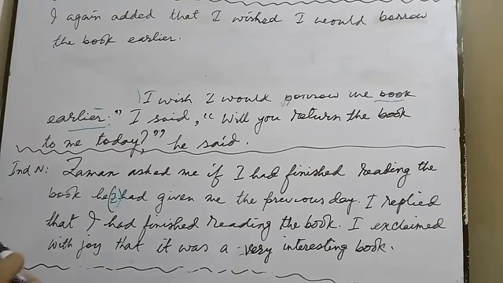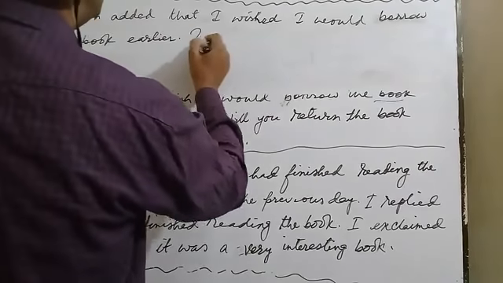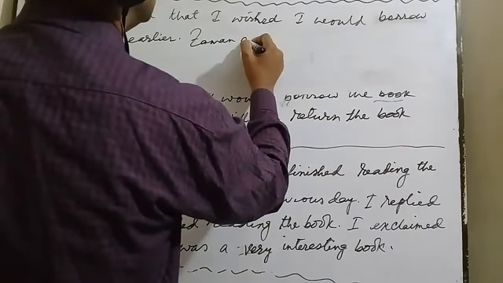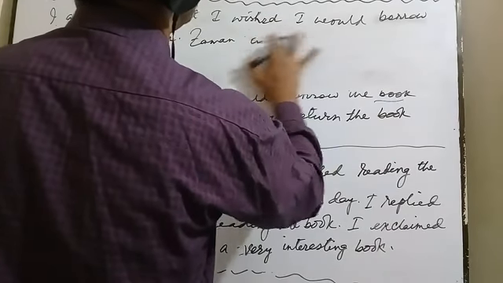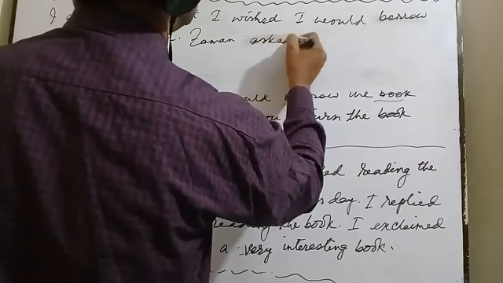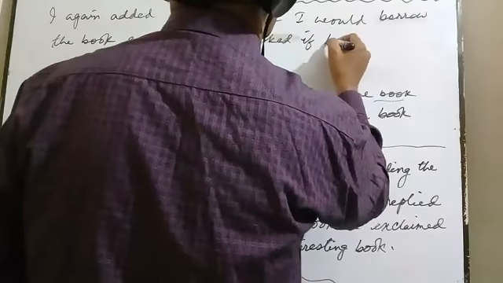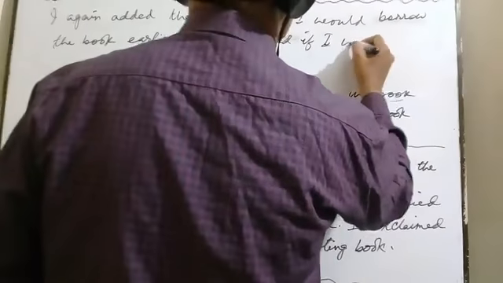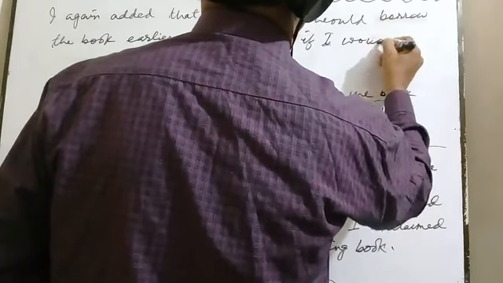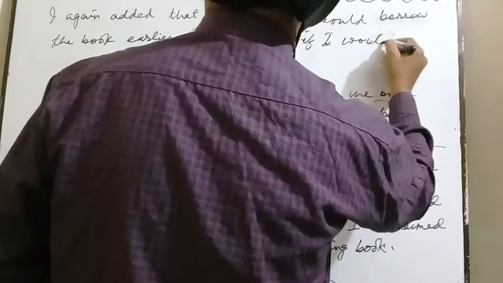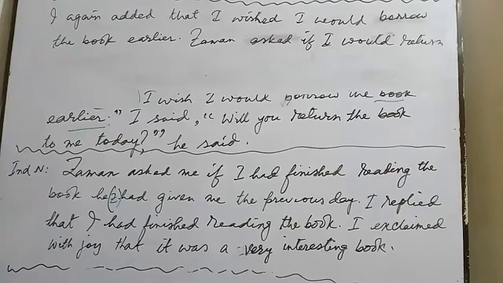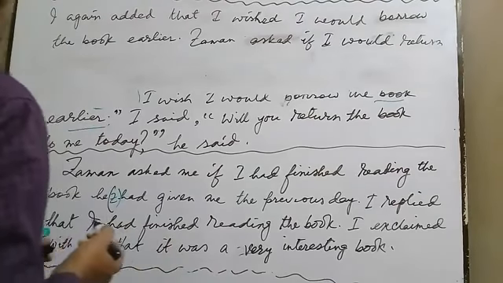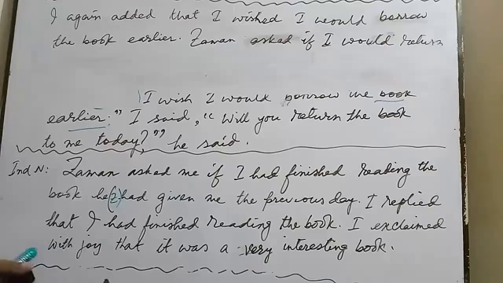Will you return the book to me today? He said. He is Zaman. Here he is Zaman. Zaman asked, no need to say again, if I would return the book. If I means I would, will becomes would.